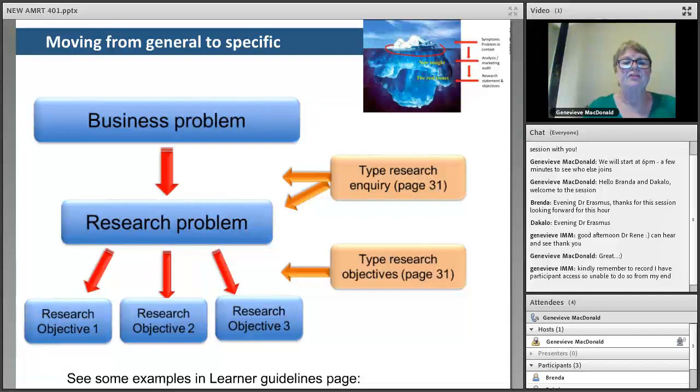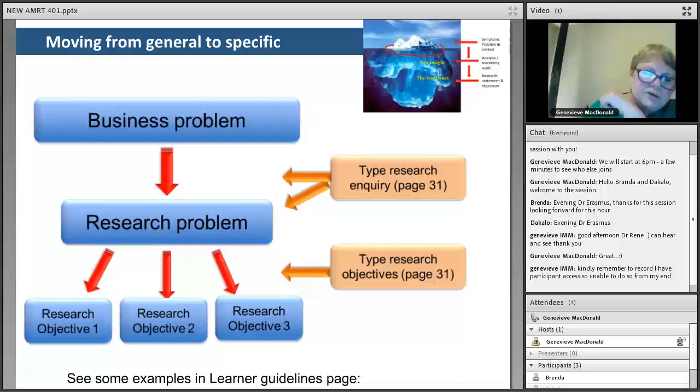Okay, now you've got the business problem and you are moving to the research problem. You will find that on page 31 in your learner guideline. This research problem, or the problem statement, delimits what exactly will be included and excluded.